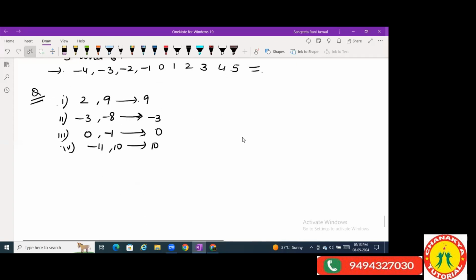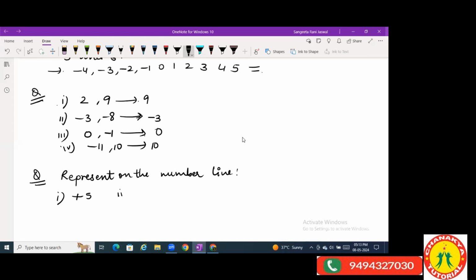Now, do you have notebooks with you? Now make a number line in your notebook, both of you, and represent these numbers on the number line. So you have to show, represent on the number line. That's +5. Second one you will show is -10.